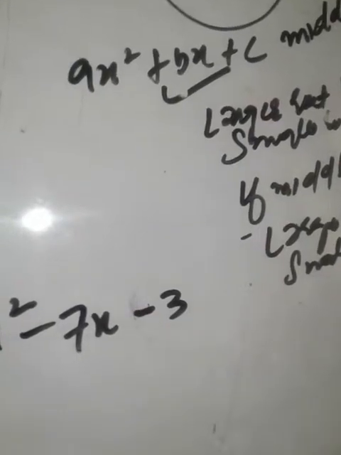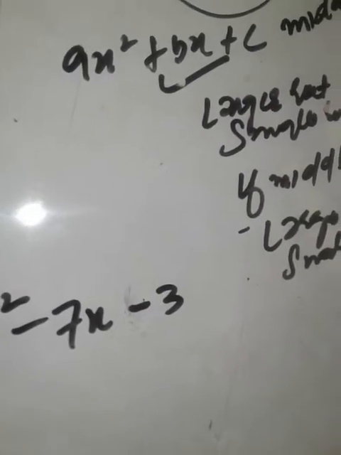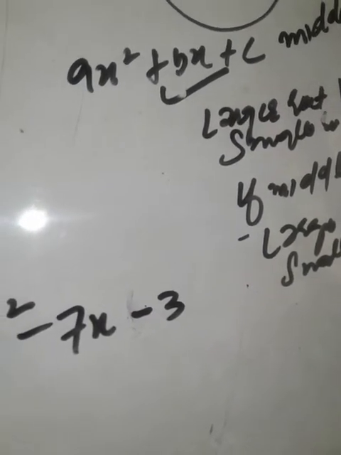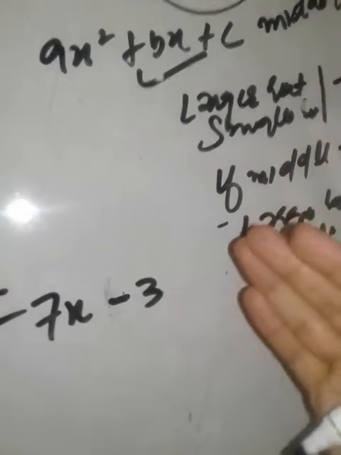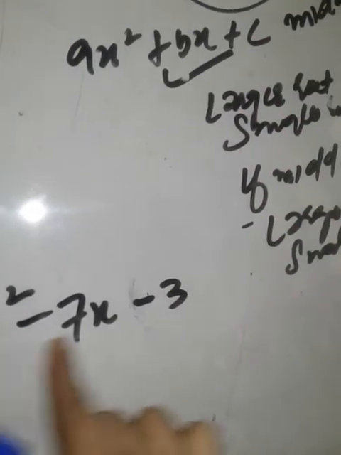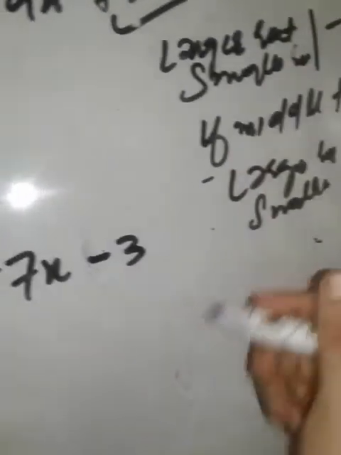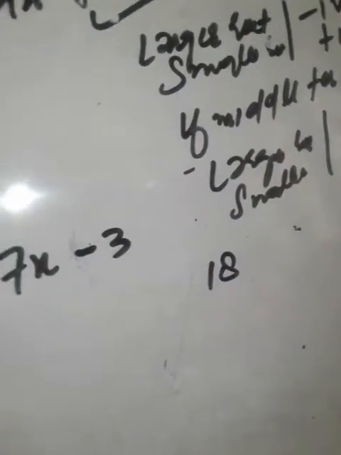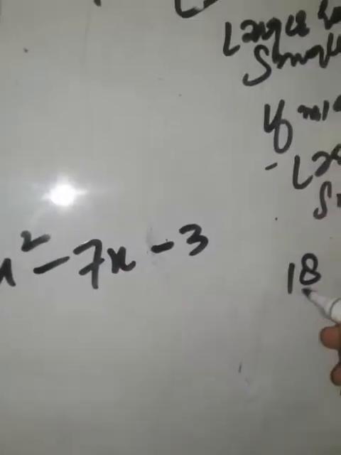First of all, we will proceed as we did in the previous lecture and put the signs later. This is 6 into 3, which is 18. Multiply without any signs; no need to remember the signs for now.